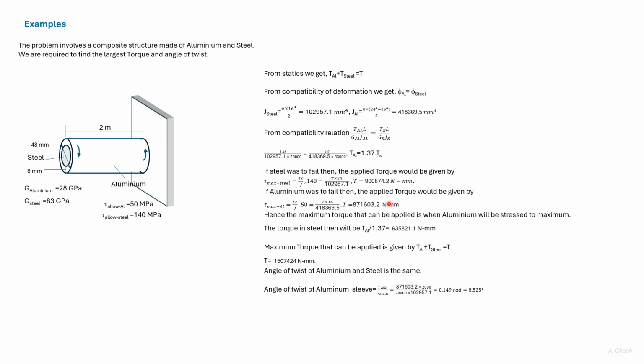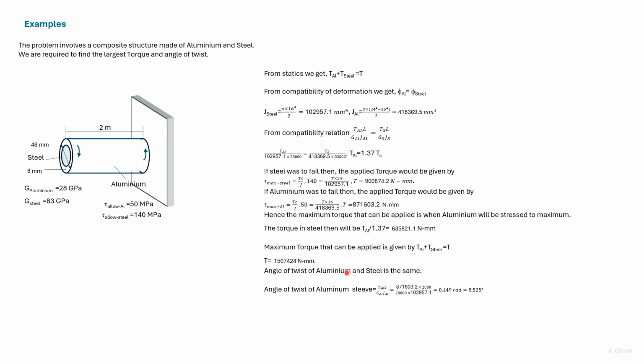So the torque given by considering failure in aluminum is the maximum torque that can be applied. Dividing this torque by 1.37, we can find the torque that will be applied to the steel core. Adding these two up, we get the maximum torque that can be applied overall.